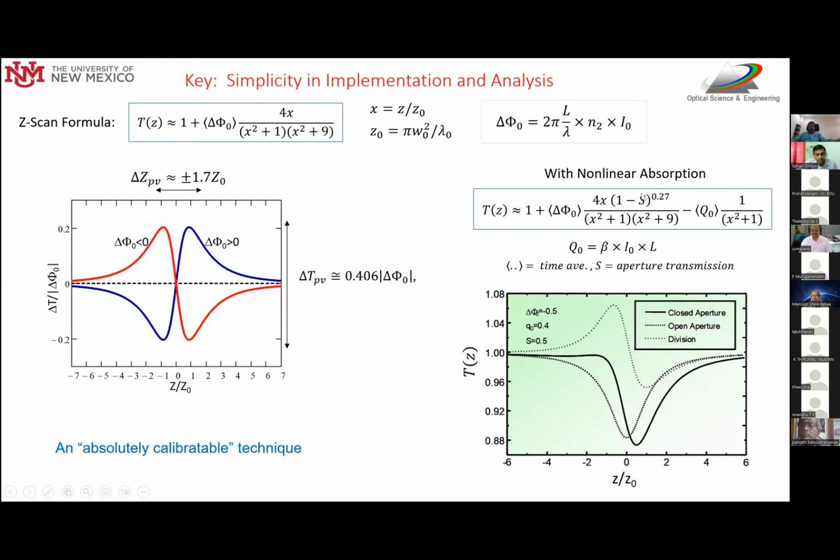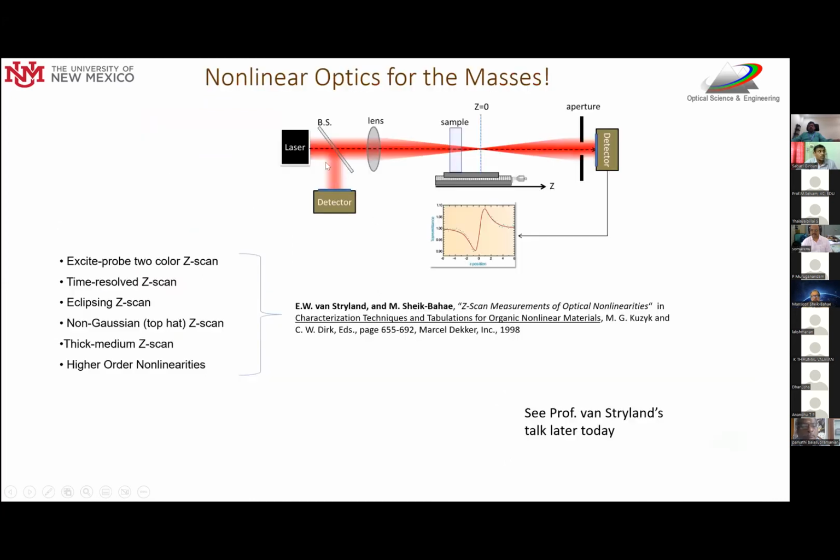And here S is the aperture transmission. So that's what made it simple, and for that reason, what I once called in one of my talks that it brought nonlinear optics to the masses, because it's such a simple setup and can be both simply implemented and analyzed.